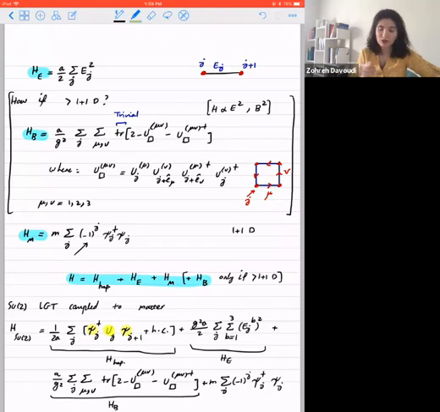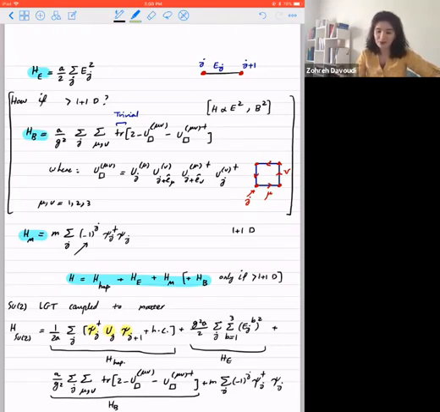The U is now a 2 by 2 matrix because it's an element of the group. So it's not just a phase or a number anymore, it's going to be an SU2 matrix. If you're dealing with SU3, it's the same thing: it's going to be a set of 3 by 3 matrices, elements of SU3, and then your psi is going to be a 3 component field in the fundamental representation of SU3, which is relevant for QCD.